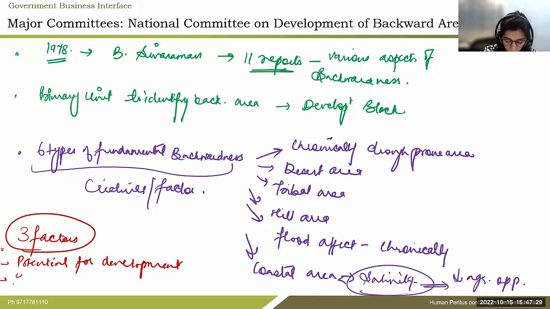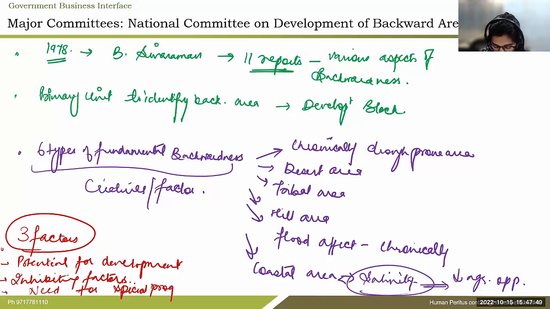All right. There also must be the presence of some inhibiting factors, which are actually preventing the area from becoming advanced. ठीक है, तो कुछ inhibiting factors भी होने चाहिए, and there must be a need for special programs to remove these inhibiting factors.